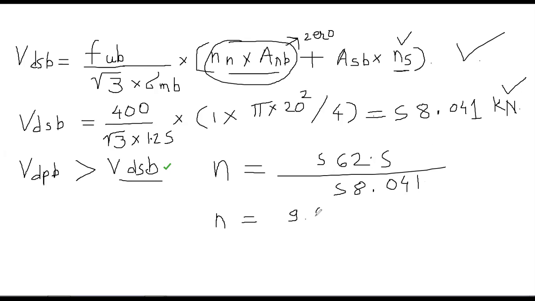Okay, so this value comes out to be 9.69. So your overall value will be near about 10. So 10 is the even value, so we are having an even number of bolts. So instead of 9, we will consider the nearby value, which is equal to 10.